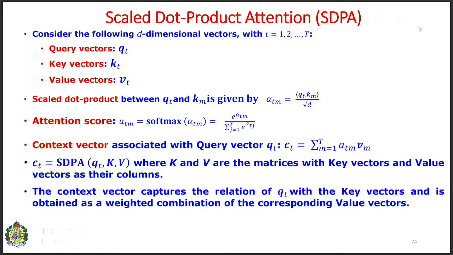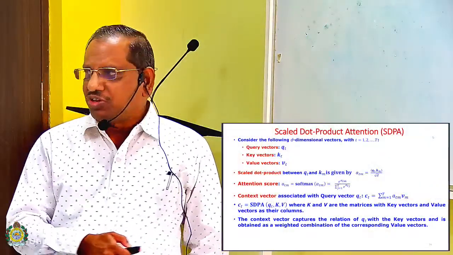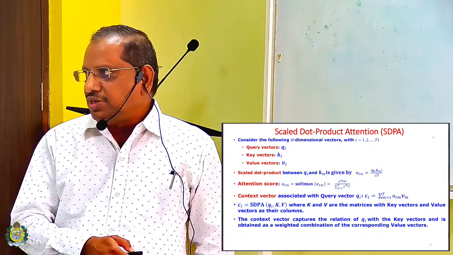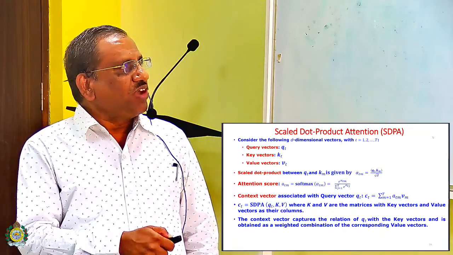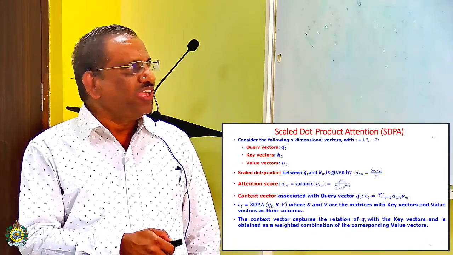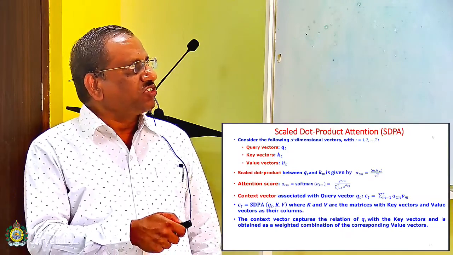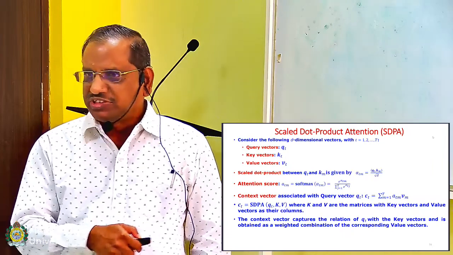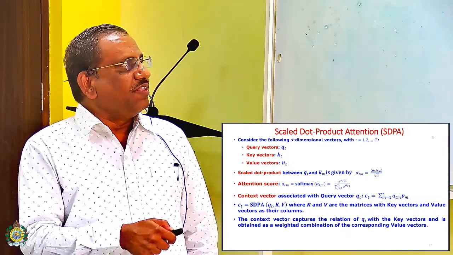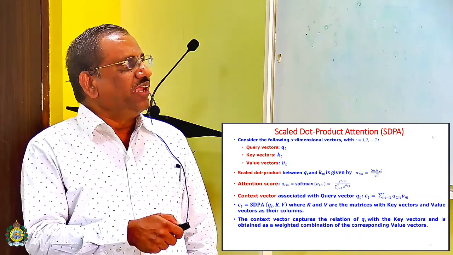Let's say the length of the sequence is capital T. When small t equals 1, we are referring to the first word; when we are referring to the second word, small t is equal to 2, and so on. For each of the words, we have some representation in the form of x. What we'll be seeing a little later is that we generate these query, key and value vectors from that x representation by doing transformations, and then we want to capture the relations between these entities.